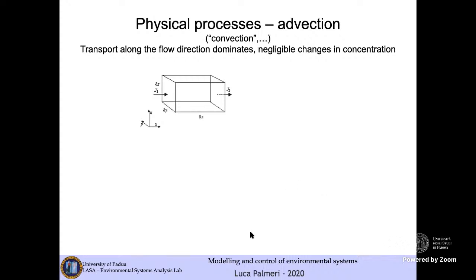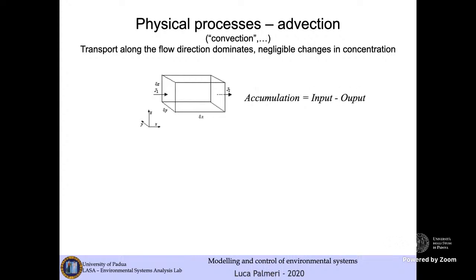So you have a small dx, that is an infinitesimal quantity in the x direction, times dy, that is an infinitesimal quantity in the y direction, and dz, that is an infinitesimal quantity in the vertical direction, z.